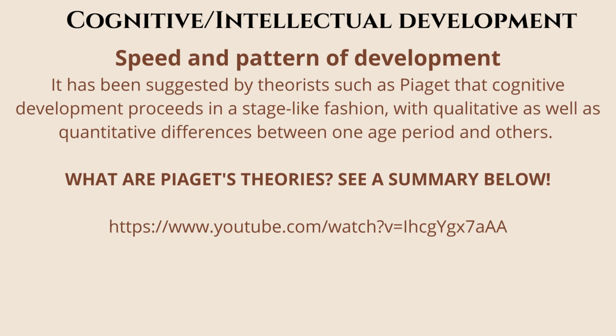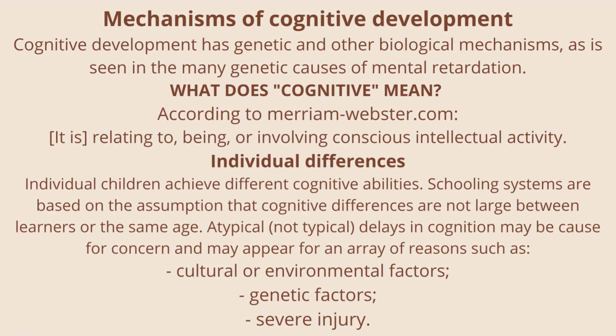So, what are Piaget's theories? Please go ahead and see a summary below. As I said, for those who have been with us, go back to what we have learned about Piaget in our lessons, and for those who are still new to us, you'll be learning so much more in the future. Now, the mechanism of cognitive development.